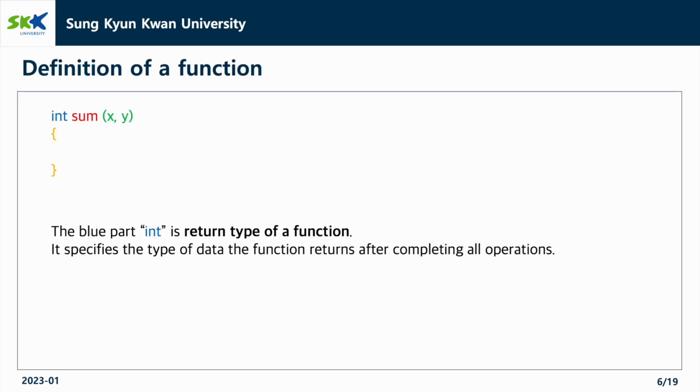Let's see how to define a function. When we define a function, we should write the return type of the function, the name of the function, the parameter of the function, and the content of the function. In this example, the blue part, int, is the return type of a function. It specifies the type of data that the function returns after completing its operations.